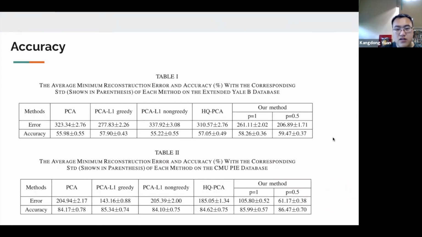In the second dataset, the L2 norm PCA also gets the highest accuracy, and we can say the L1 norm PCA cannot have the best accuracy among all the PCA models.